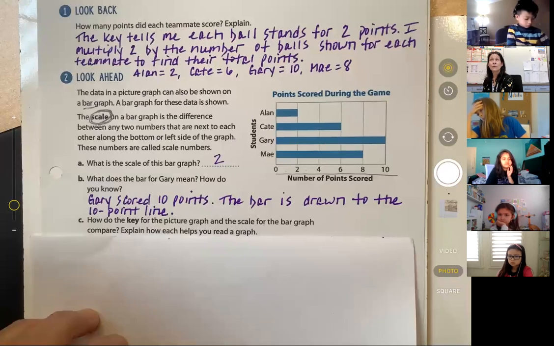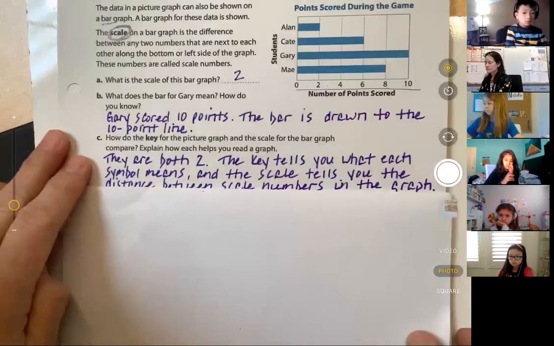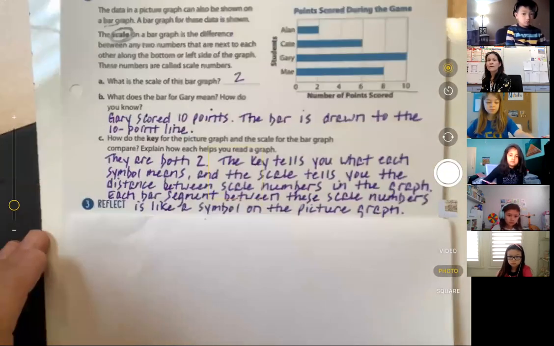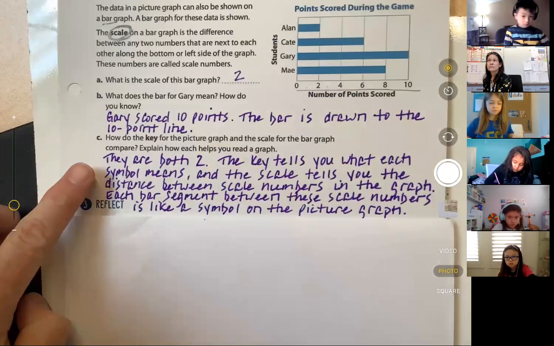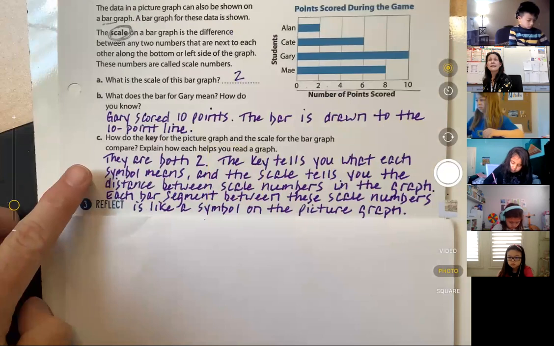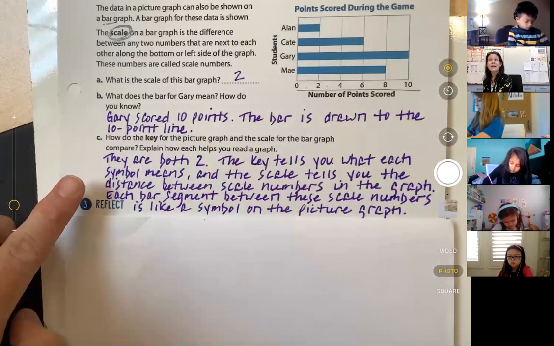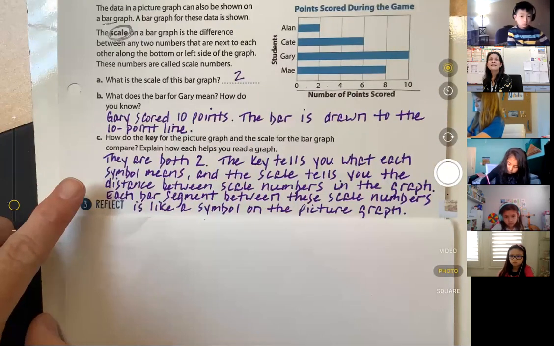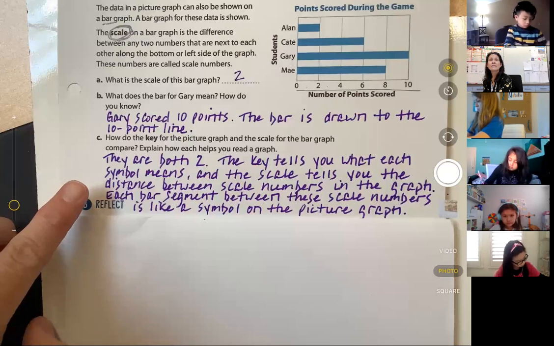And again, it's a lot of words, but they're important words. Starting here, they are both 2. The key tells you what each symbol means, and the scale tells you the distance between the scale numbers and the graph.